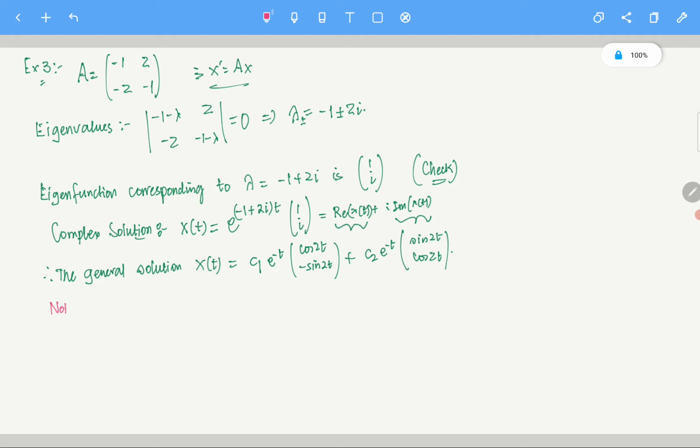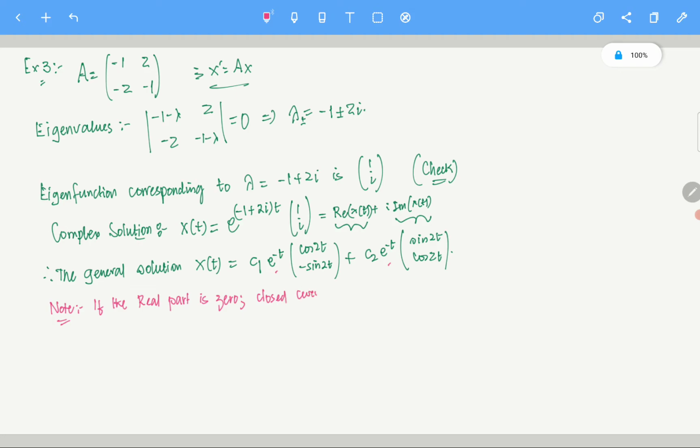So a small note. See, if the real part is 0, in that case the e power minus t term won't be there. So you are only left with cosine, sine, minus sine, cosine. If you want to draw those things, that will give you some kind of closed curve, which is a circle.